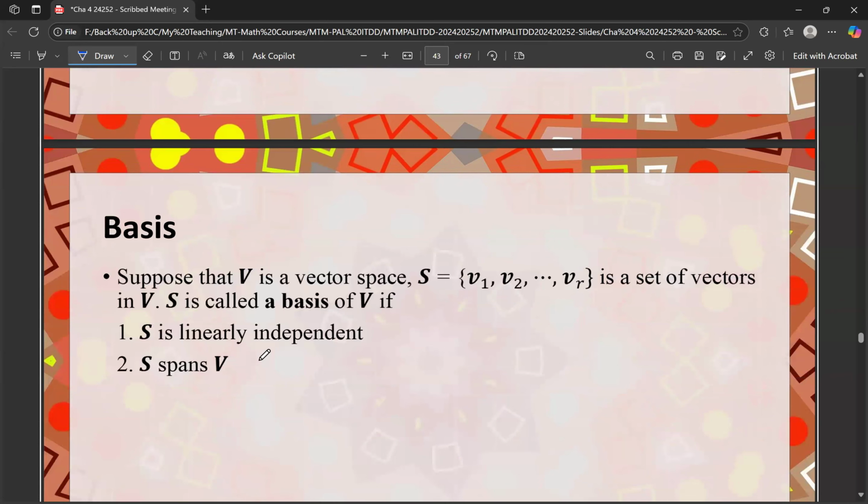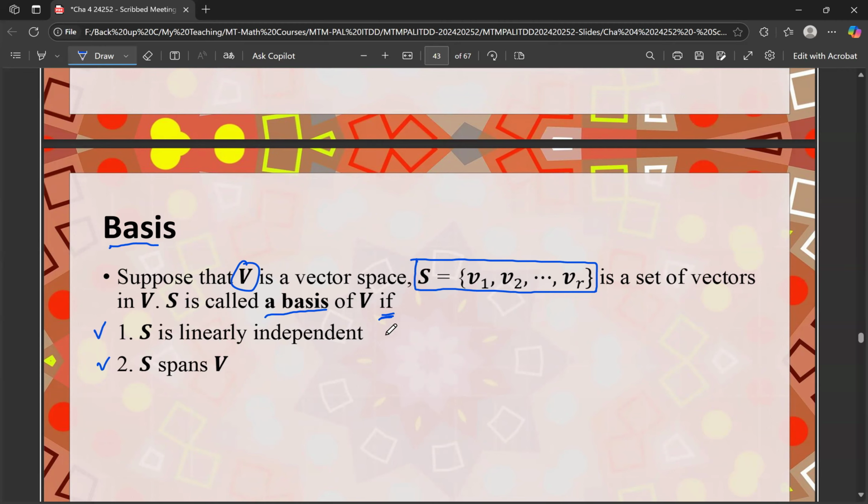What is a basis? A set of vectors S in a vector space V is called a basis if it fulfills two conditions: first, S is linearly independent, and second, S spans V.